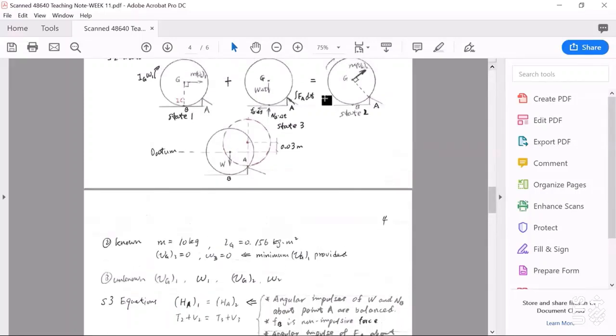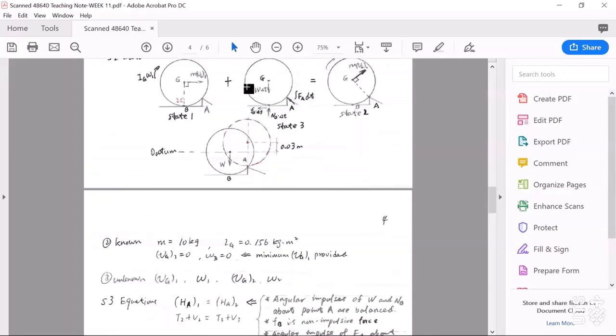Okay, have a look at this impulse diagram. Compared to impact force Fa, all other external forces, the weight force, friction force, or reaction force Mb, are all non-impulsive.